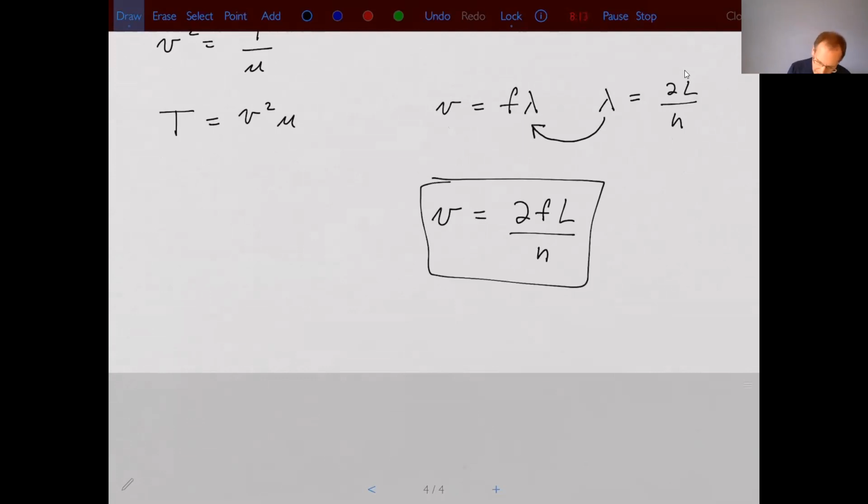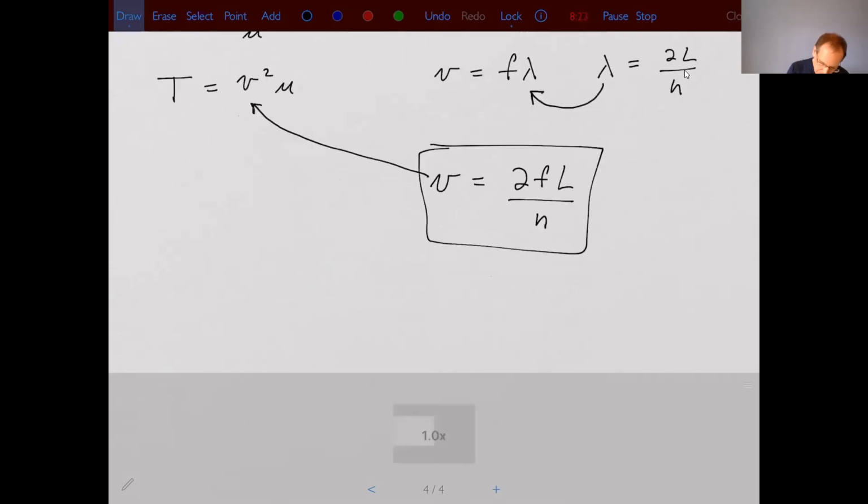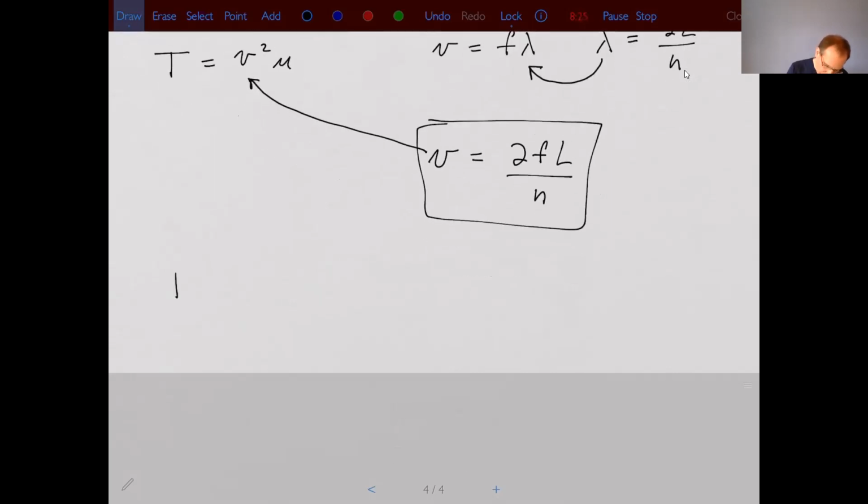And then finally, if I substitute V into the equation for the tension, the tension is equal to 2FL over N, squared, times mu.